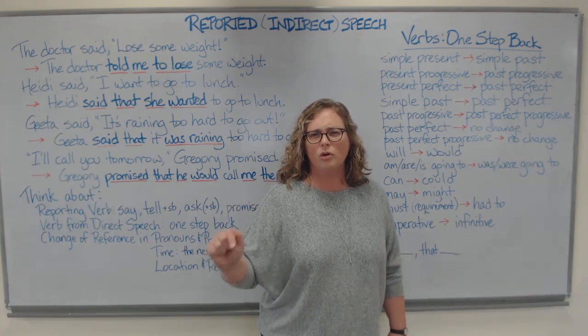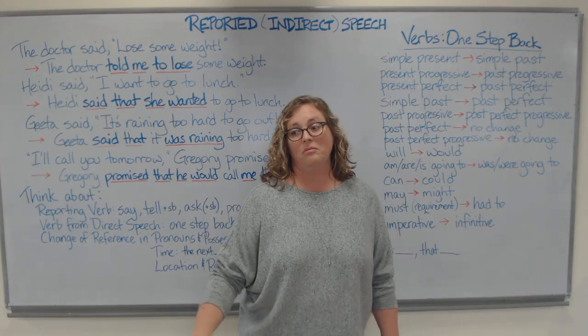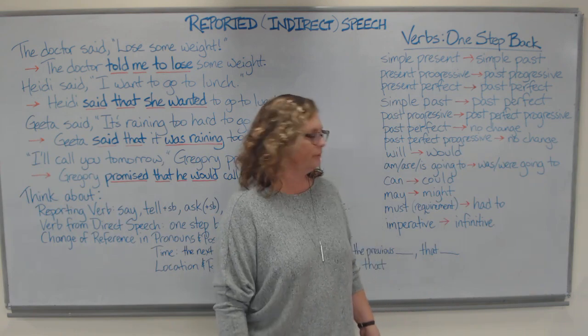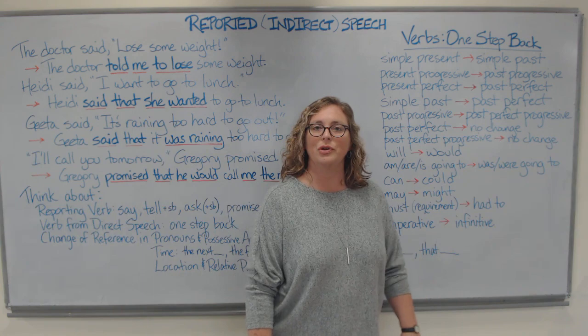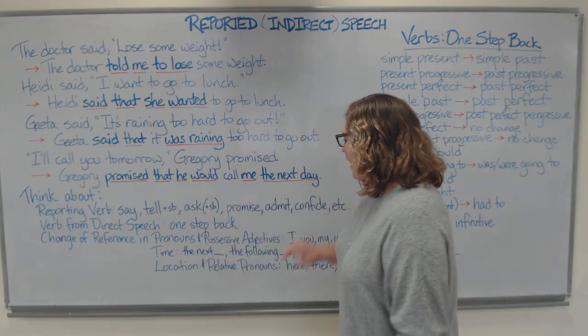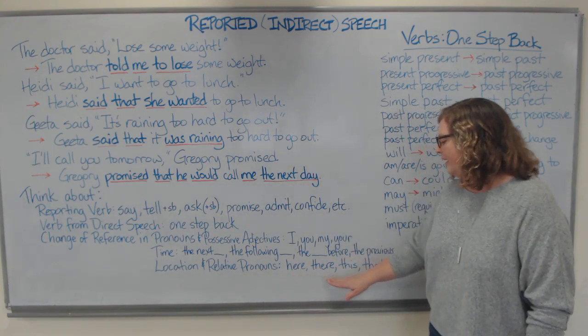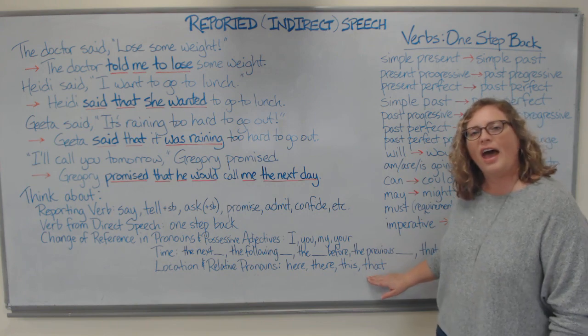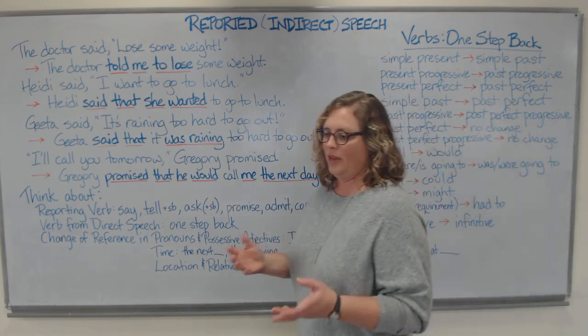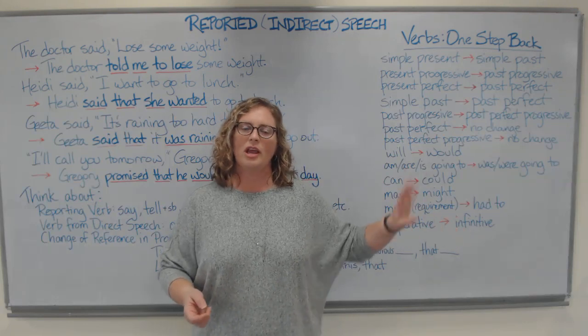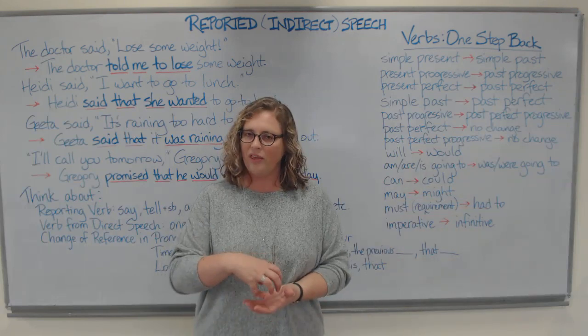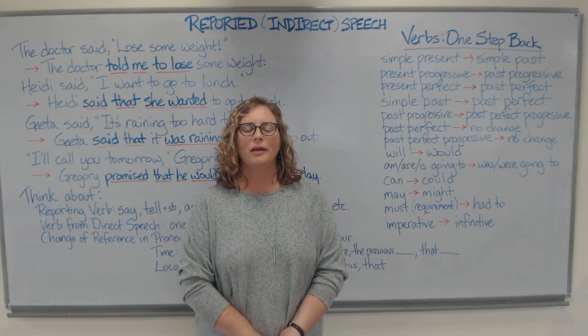Gregory said he would call me that day, but he didn't. So that morning, that afternoon. And words like here, there, this, that, think about them. Is this still this? If it's not, you have to change to that if you're not with it anymore, right?